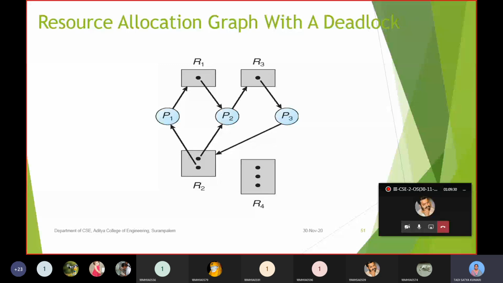Can anyone tell me what is a cycle in a graph? Anyone please define?